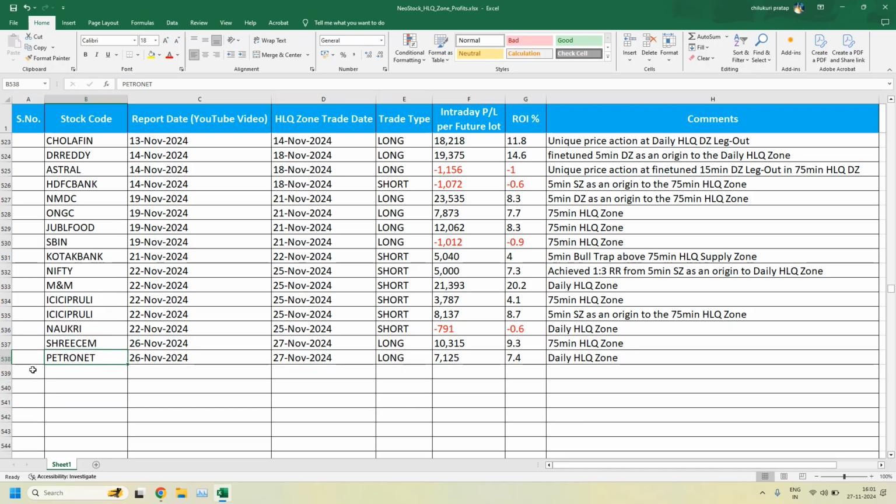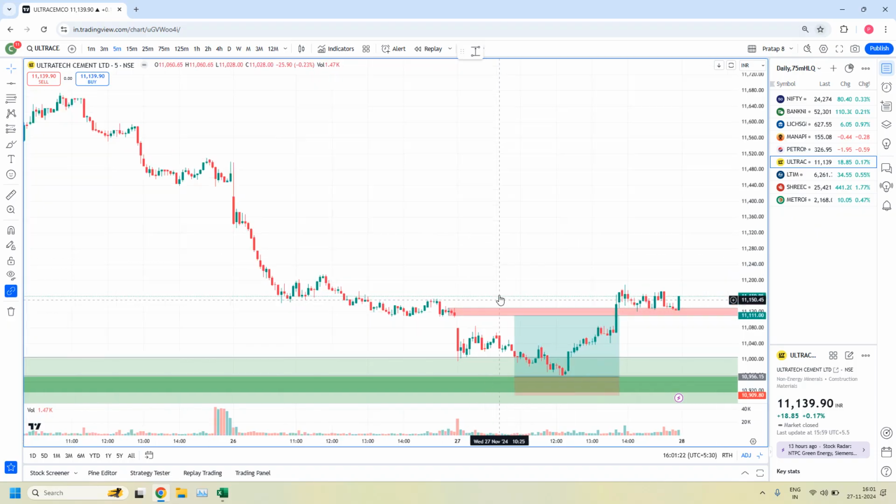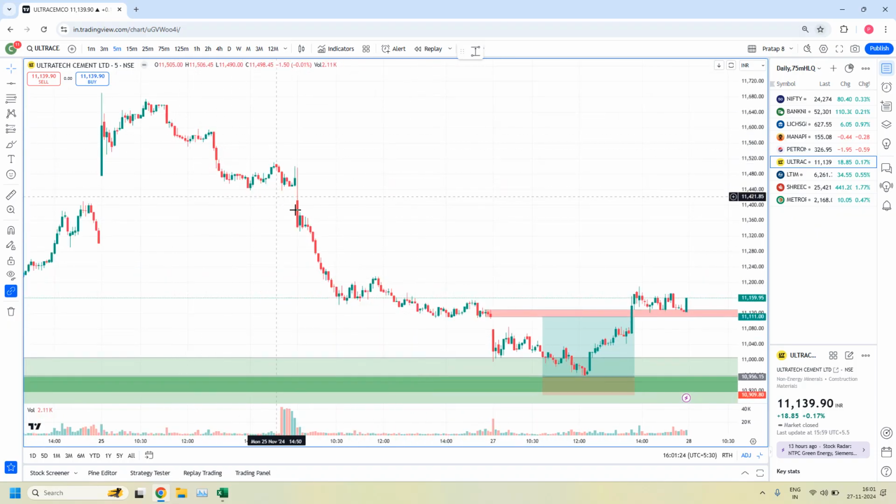But these two are very practical. They are within your risk management. And these two are very good trades. Fine-tuned zones. Perfect trades. So these two are successful trades. This is from the zone point of view I was discussing. See how prices are falling.